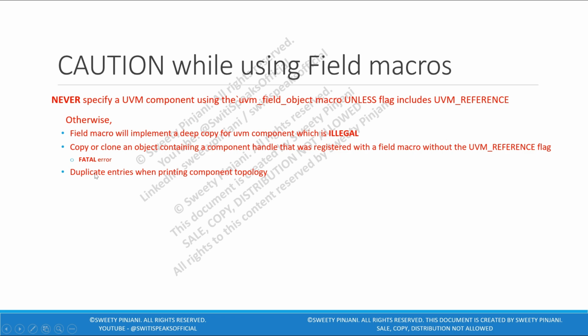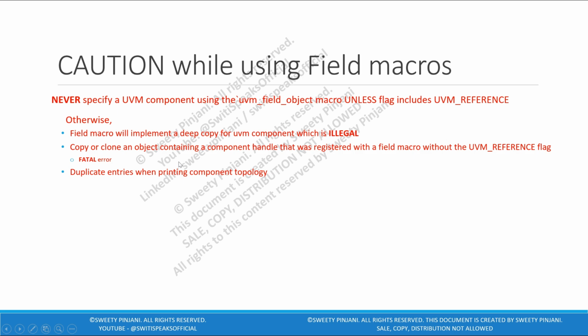And also you will get duplicate entries when printing the component topology. This is creating a lot of mess. That's why never ever specify a UVM component in the macro UVM field object unless your flag includes UVM reference. Always remember this caution.